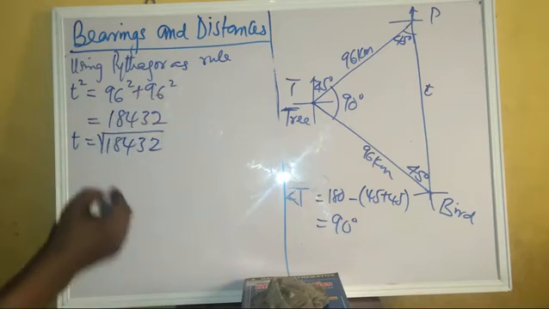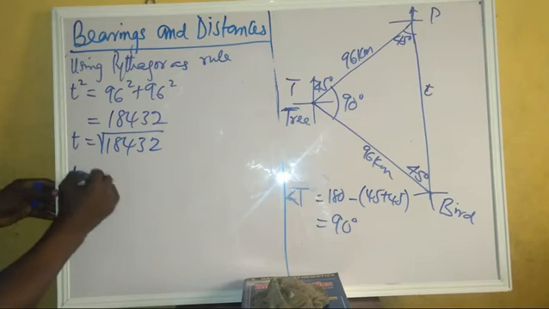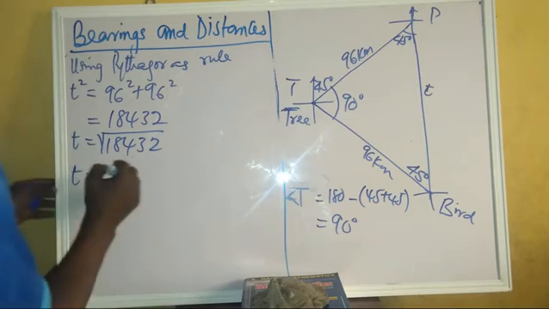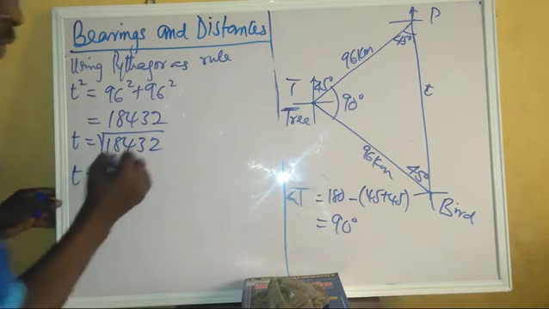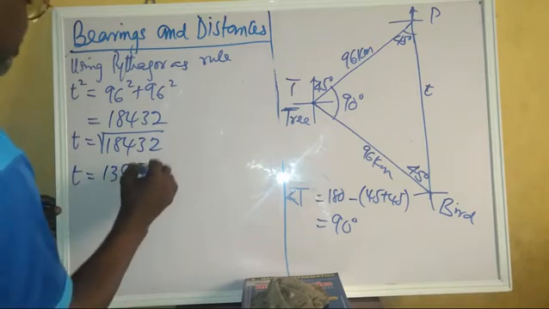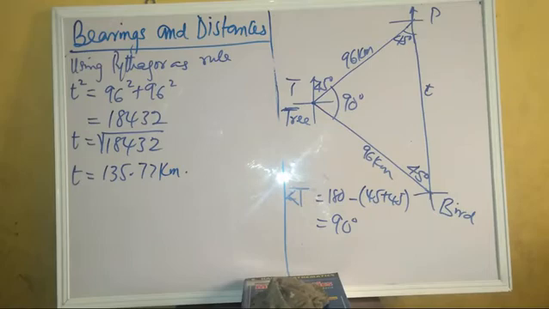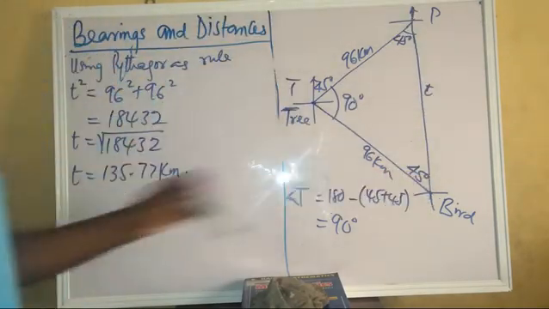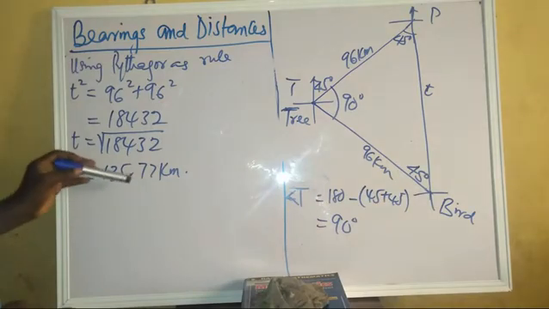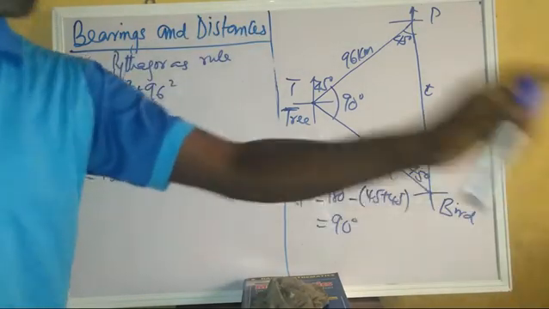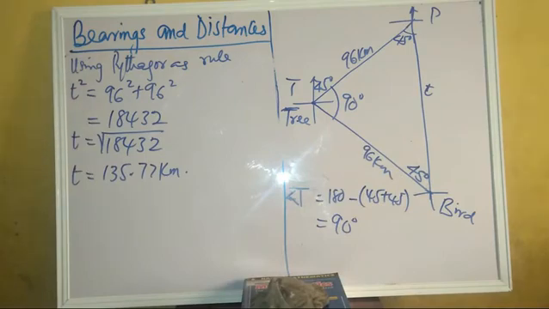So in that case, our t will now be 135.77 kilometers. So that means from point P, the thing has gone 135.77 kilometers due south.